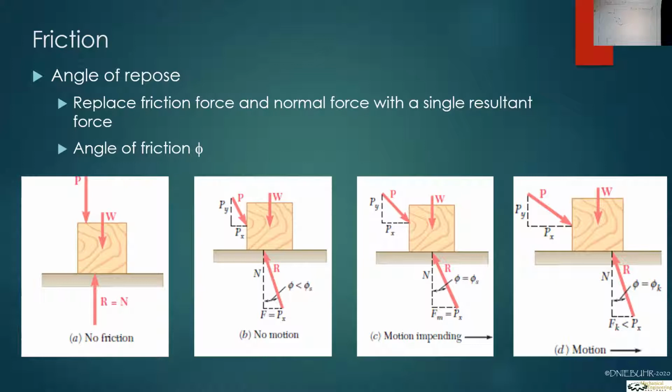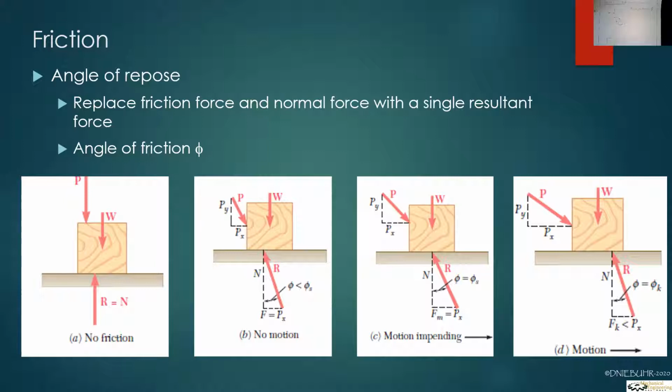So what you have in the first picture is no friction. That's because you just have a force from above, so there's no right to left force. So nothing happens. Your normal force equals your weight, plus whatever applied P you have. Then if you think about the next image, you have a slight force P in the X direction.